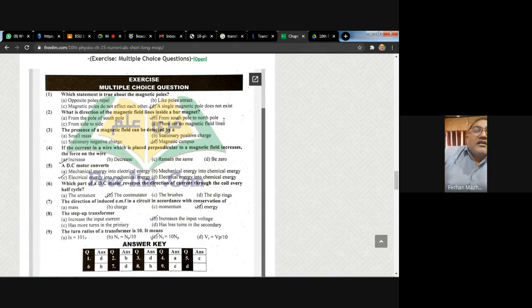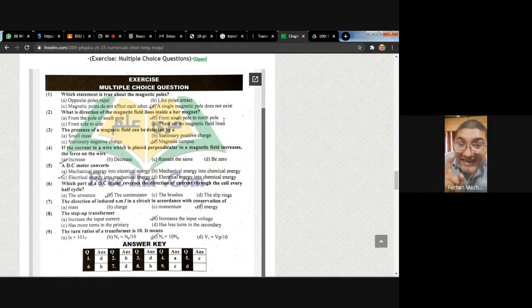Okay. The number 2 is: what is the direction of the magnetic field lines inside a bar magnet? This is a very tricky question. Remember, outside the bar magnet, I'm saying outside the bar magnet, the magnetic lines move from north to south. It's a famous diagram. You must have studied it.